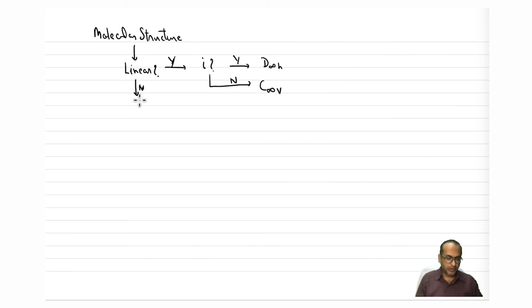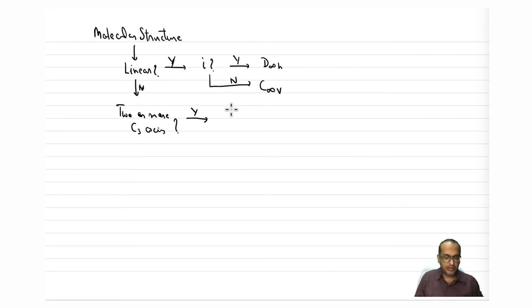Now linear, no. Then you have, does the molecule contain two or more C3 axes? So one C3 axis is not enough, it needs two or more, and these have to be unique.